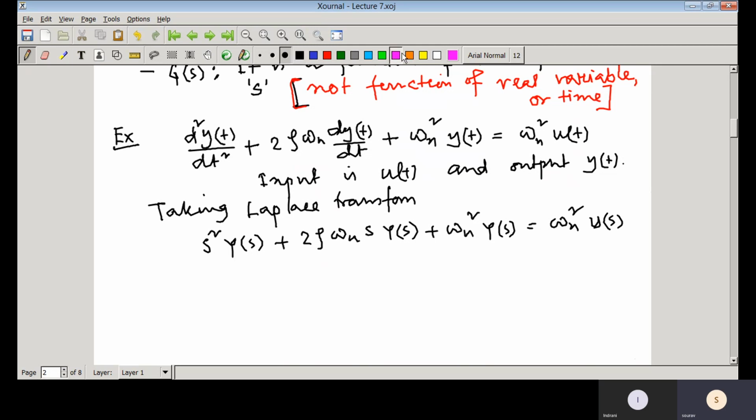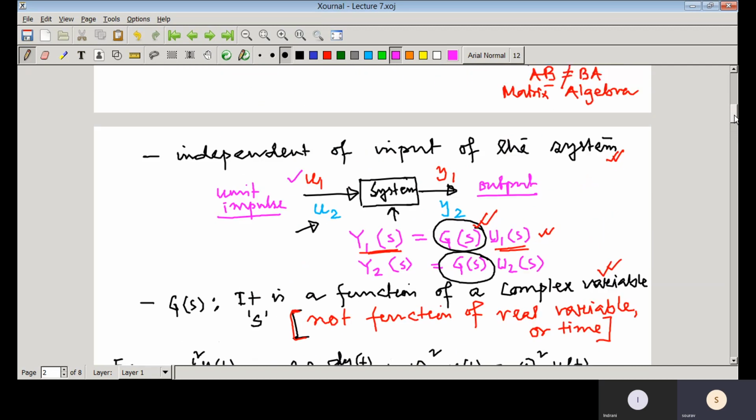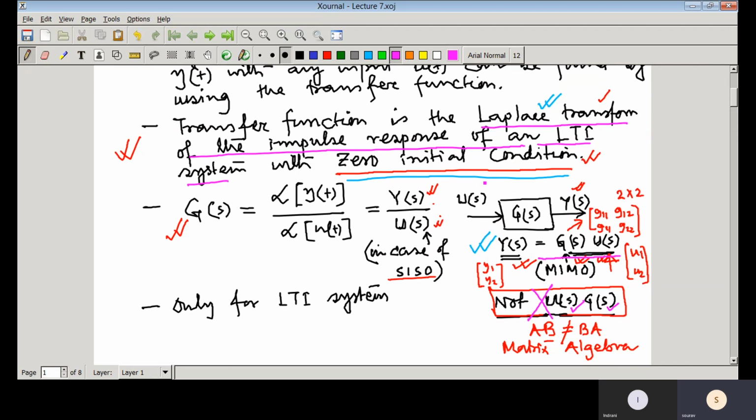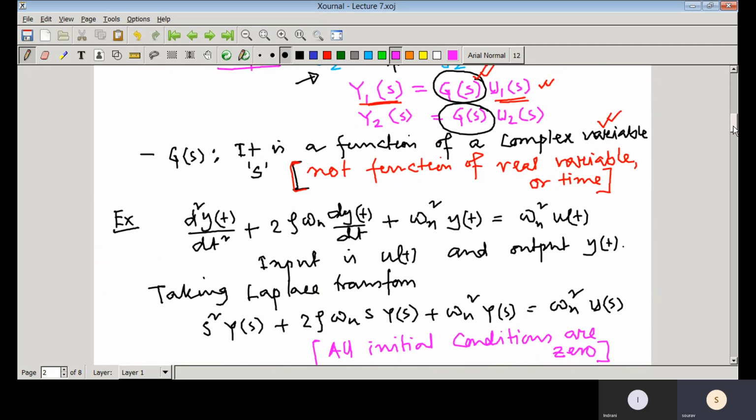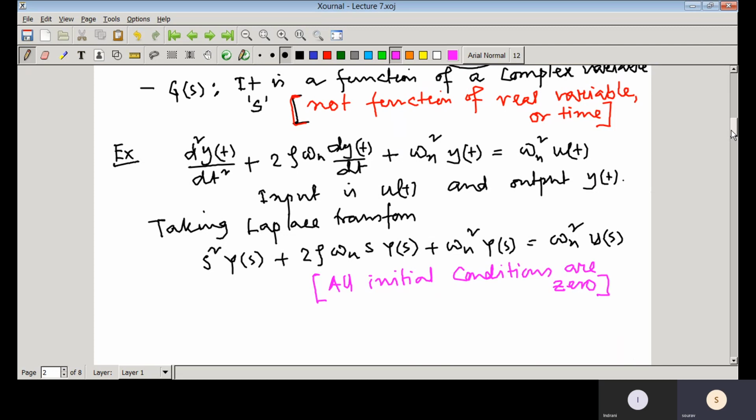Keep it in mind that all initial conditions are 0. As our objective is to find the transfer function, we need to assume that all initial conditions are 0. Here you can see in the definition that all initial conditions should be 0. That means y(0), then the first derivative of y at 0, are all zeros.